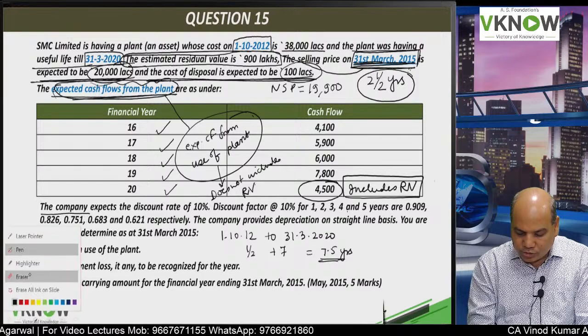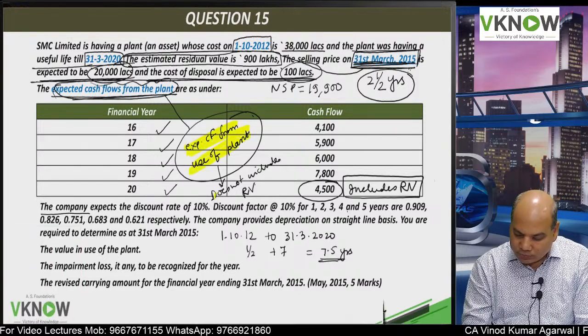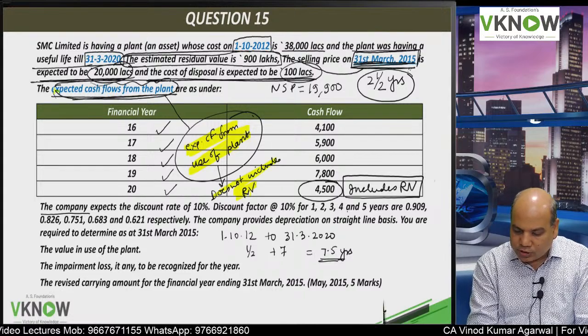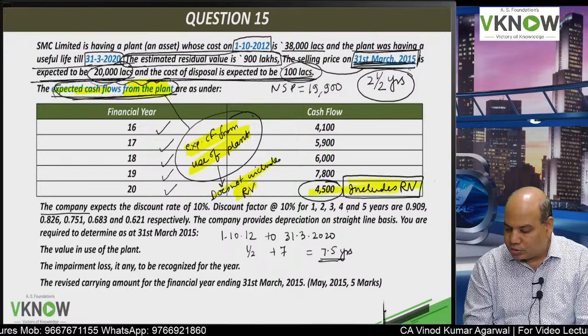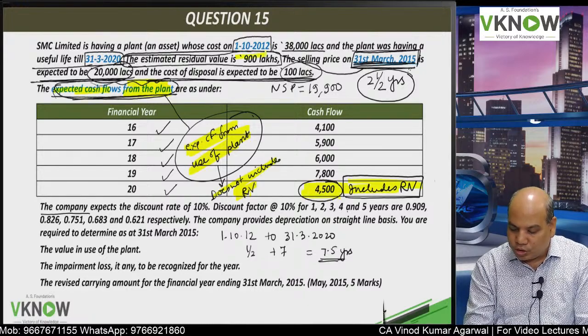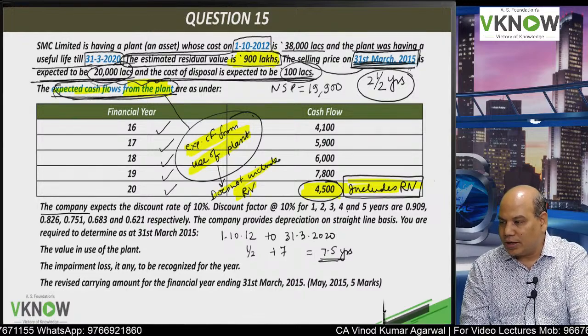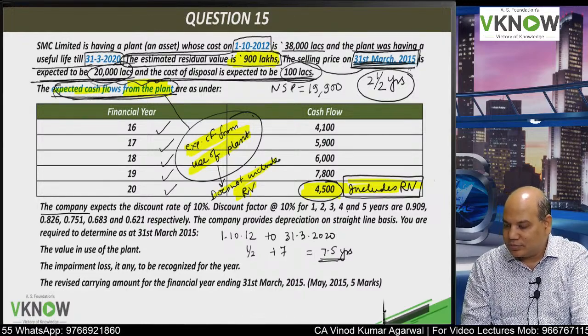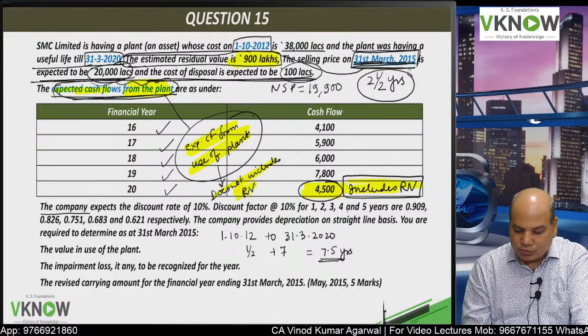So the wording of the question is important. Expected cash flow from the use of plant does not include residual value. Expected cash flow from the plant includes residual value. So do not add 900 again in the last year, because the wording is expected cash flow from the plant.